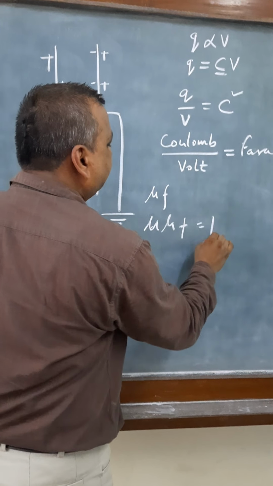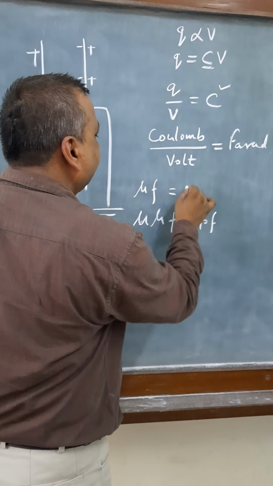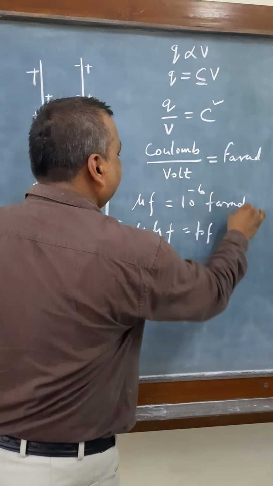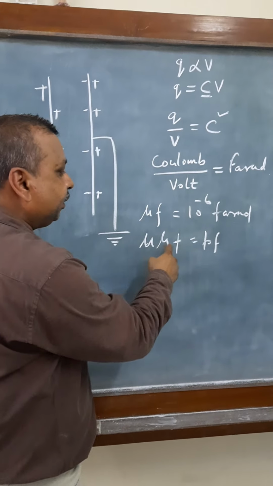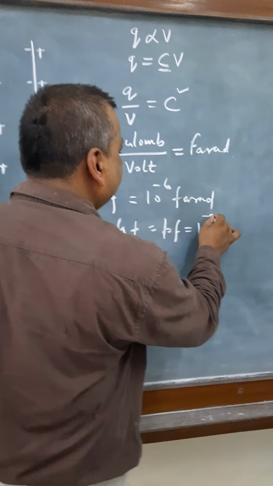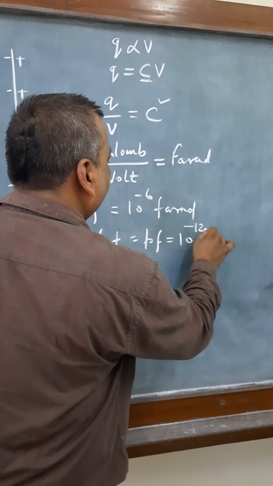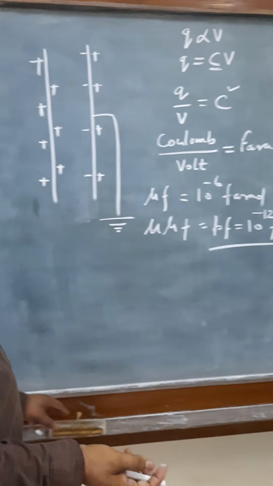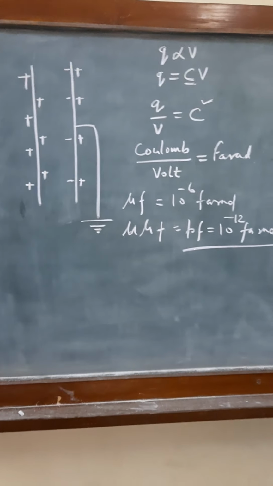Microfarad is 10 raised to minus 6 farad, and picofarad is equal to 10 to the power minus 12 farad. So this was about the capacitance.